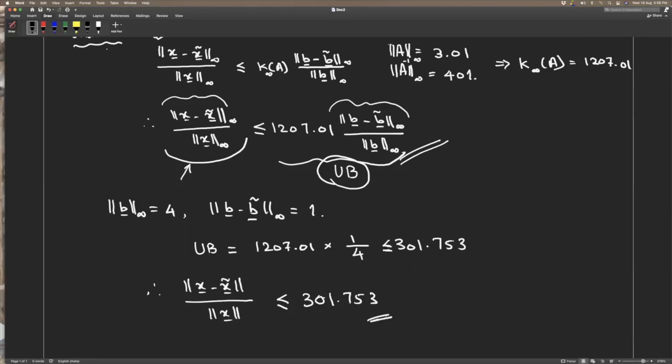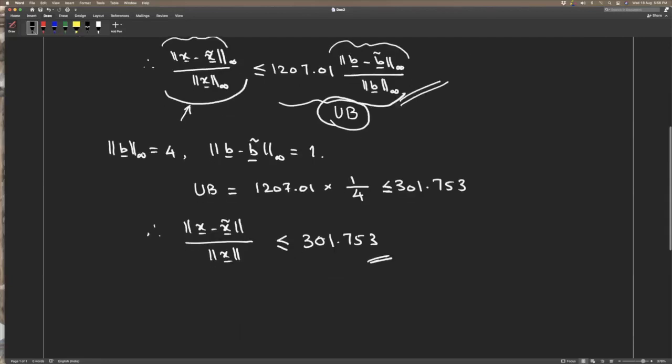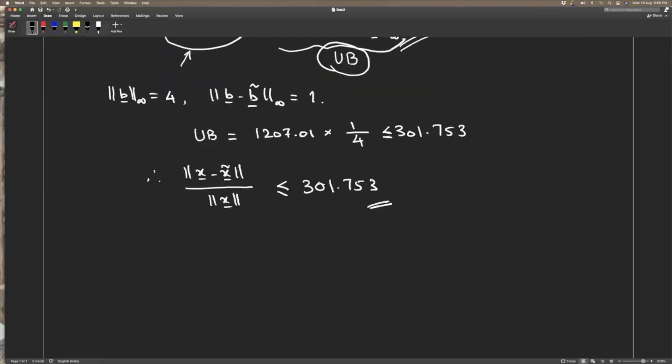Let us cross check our analysis. How? Well, you know b, you know A, therefore you can find x by directly solving. x is given by 4, 0, and similarly x tilde is given by minus 397, 100.